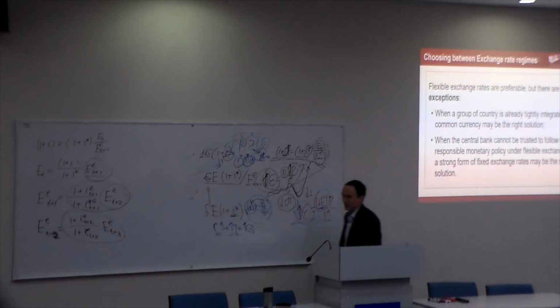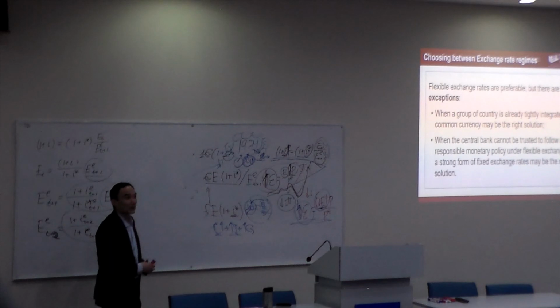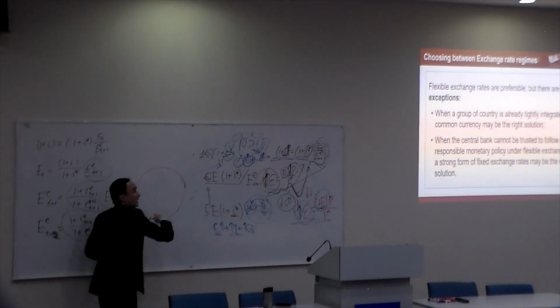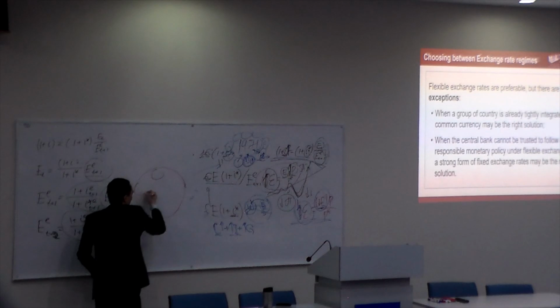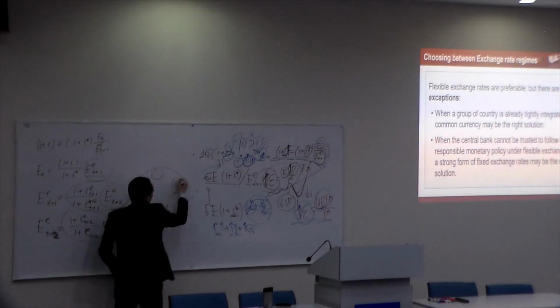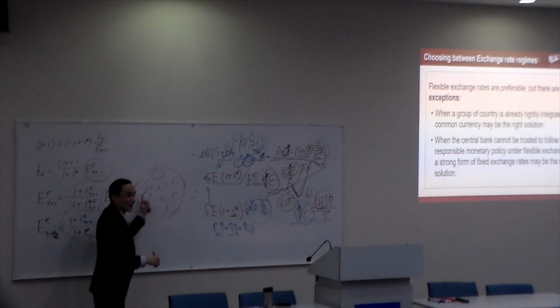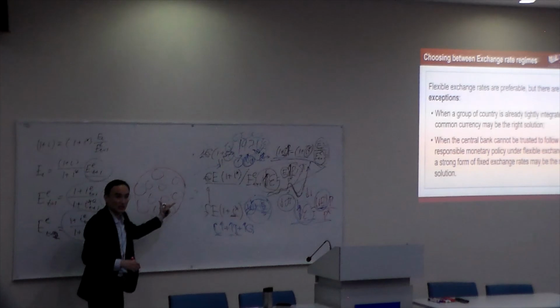And another thing, a fixed exchange rate practice is very good for countries that are economically integrated. The European Union, 27 countries. These 27 countries practice a fixed exchange rate among each other.